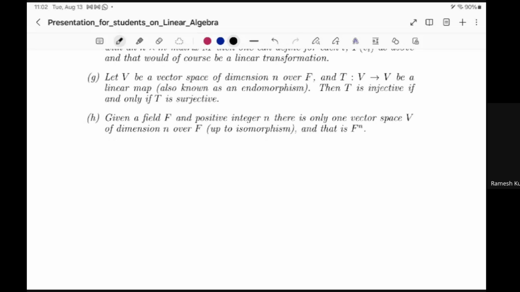So in other words, if it's finite dimensional, then every vector space V, which is a vector space of dimension n over F, is going to be isomorphic to F to the n, where F to the n is the Cartesian product of F with itself n times. Okay, so the finite dimensional vector spaces, to some extent, are easier to deal with than infinite dimensional vector spaces.